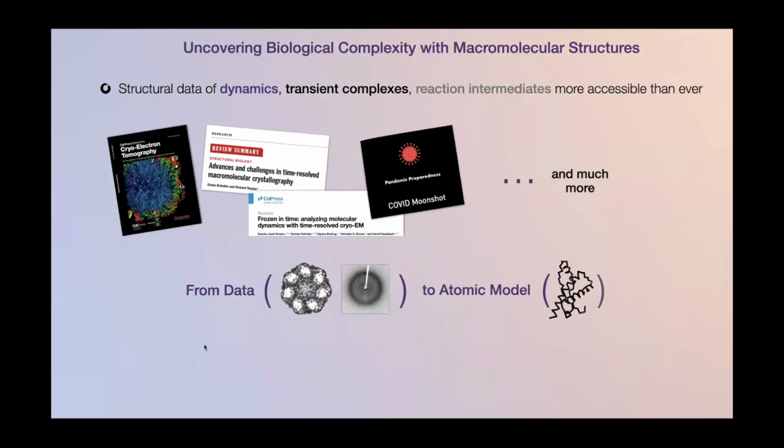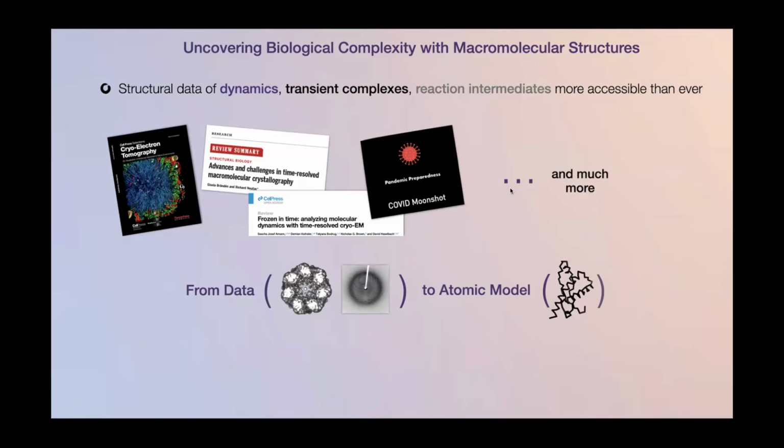We have more and more observations of transient complexes, of reaction intermediates, and also, for example through cryo-electron tomography, structural observations of proteins within the context of the cell. What we've been trying to look at is the step of going from the data observables that we collect to an atomic model that we might be able to interpret mechanistically.